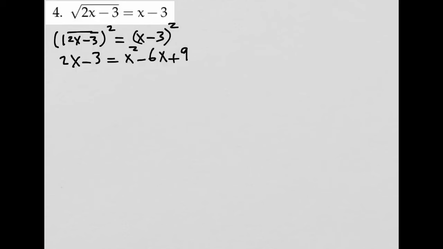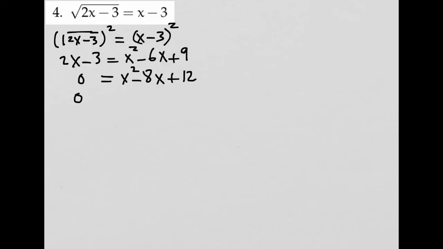Moving everything to the right-hand side, we have 0 equals x squared minus 8x plus 12. We can solve this last quadratic equation by factoring the right-hand side, and to do that we need two numbers that multiply to 12 and add up to negative 8, while negative 2 and negative 6 do the trick.